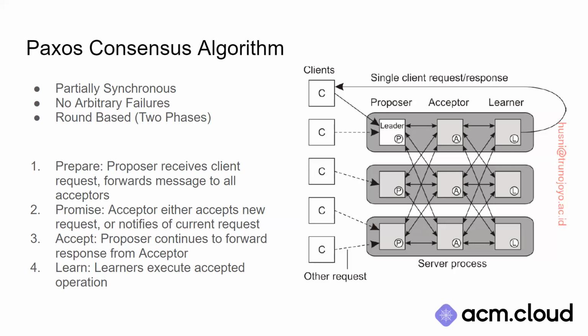After each of the acceptors has promised that it's not going to accept any new proposals, you accept it, and then you send it to the learner, which actually executes the action. So essentially, this is just a complicated way of doing a two-phase commit. That's the main takeaway from that.